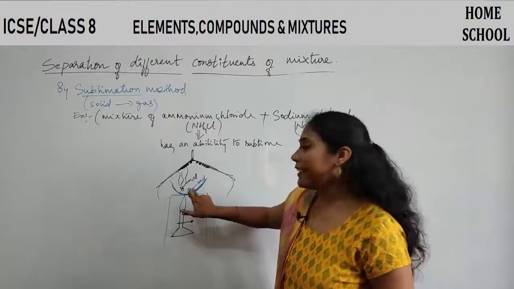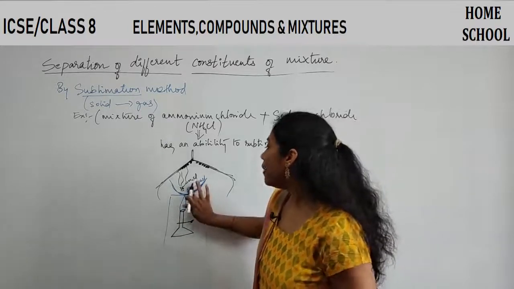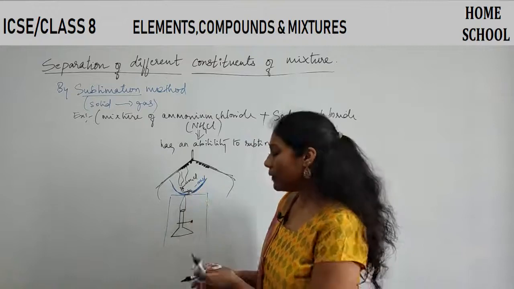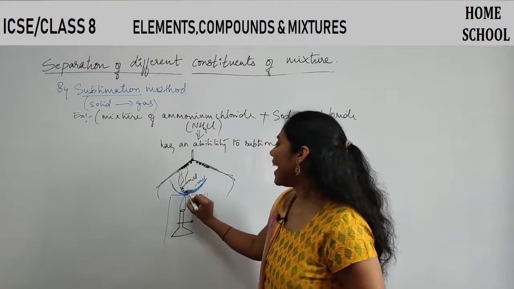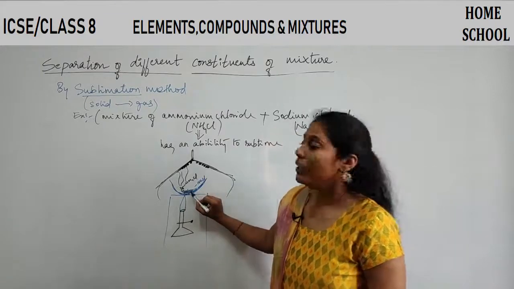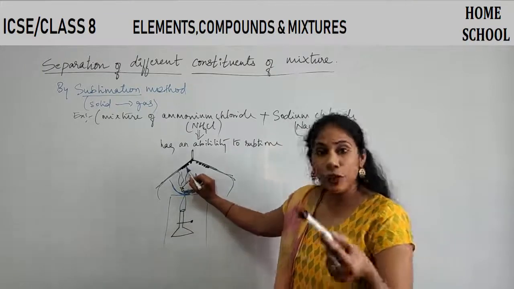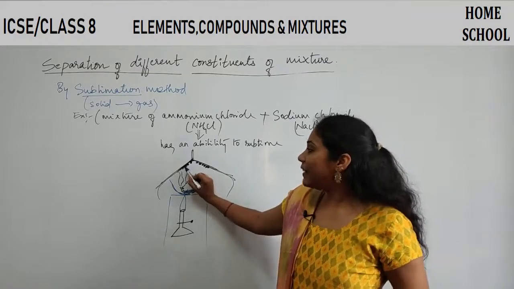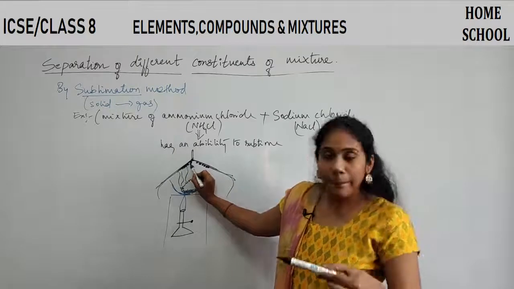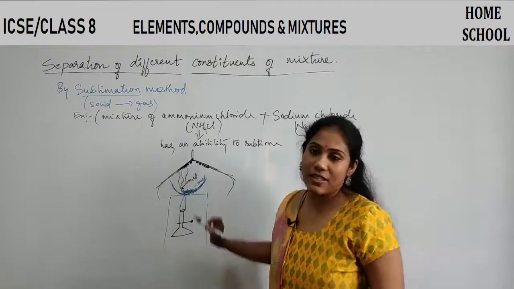And sodium chloride, since you are heating, this solid sodium chloride would have become liquid sodium chloride, and that liquid will stay here only. Only your ammonium chloride will go into vapor. It will go as a vapor, and again there it will solidify back to ammonium chloride solid, and it will stick onto the glass tube.